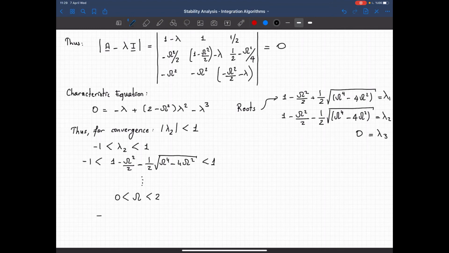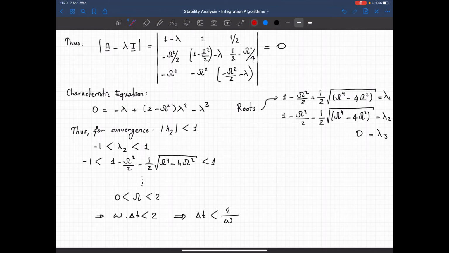In other words, the condition for convergence, or the condition for having the spectral radius of matrix A smaller than 1, is as follows: omega multiplied by delta t should be smaller than 2, or I can rewrite it as delta t should be smaller than 2 over omega.